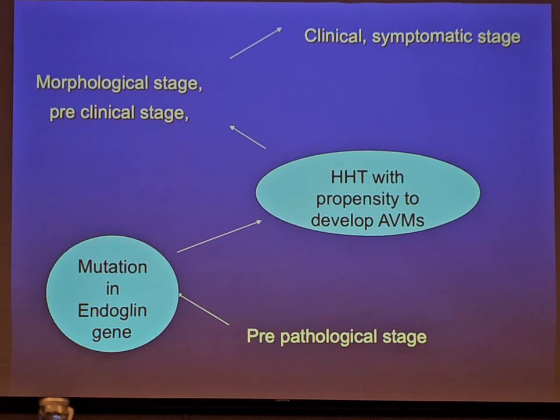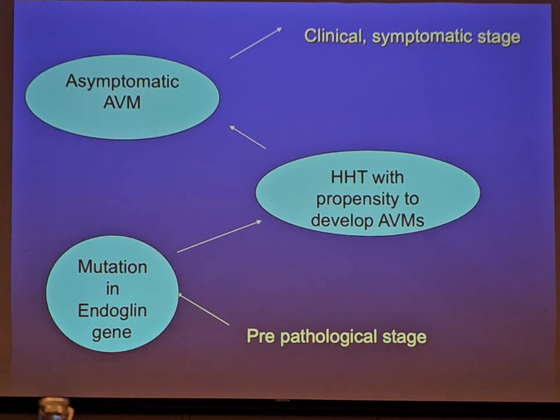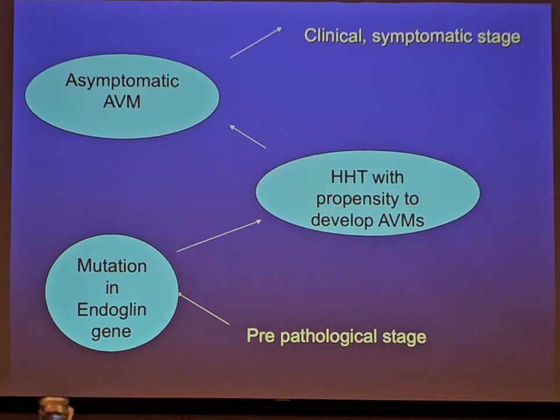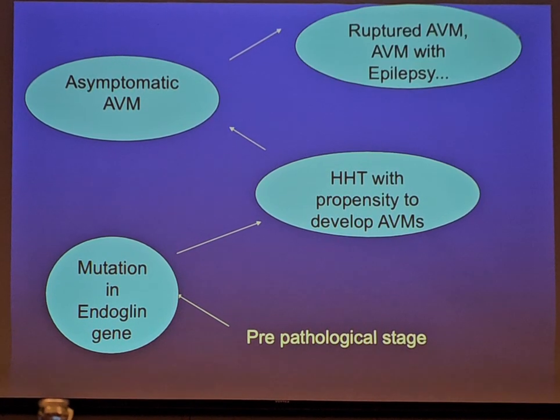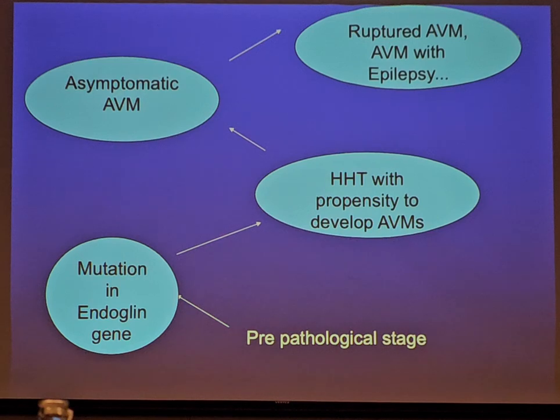But the baby, when it's born, is not necessarily having nosebleeds. They develop later on because due to a secondary or revealing trigger, you now have the asymptomatic AVM. And then due to some changes within the brain AVM that we will discuss later, you will have the symptomatic AVM, i.e. the ruptured AVM, and the AVM with epilepsy.